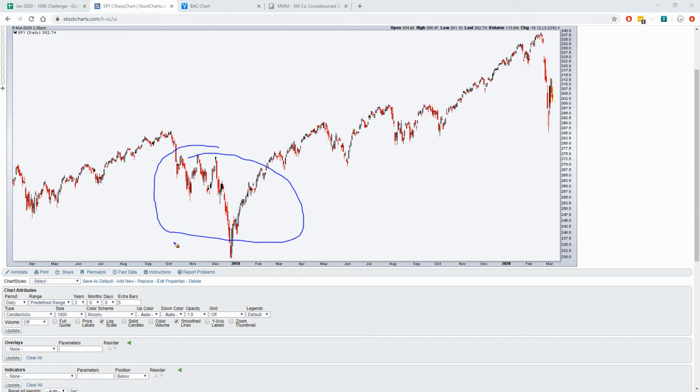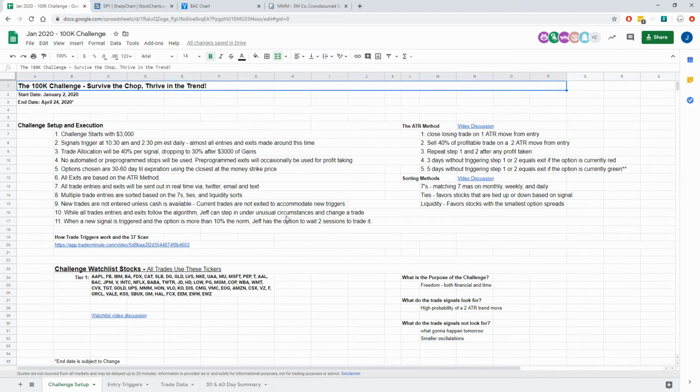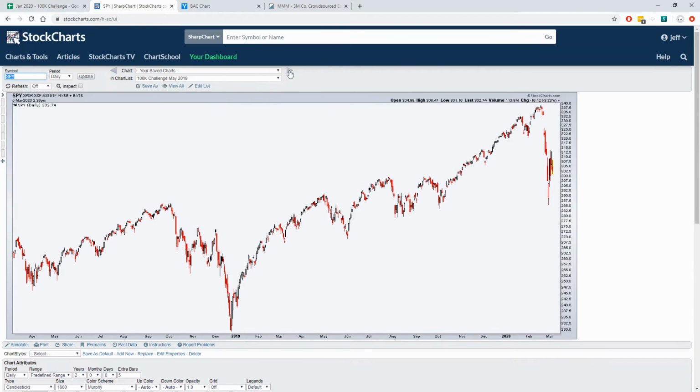And it's one where, as we put the challenge algorithm together, we knew, okay, this unusual circumstance, we'll just have to make a judgment call in the meantime. It's just one of those circumstances where rule number 11 and rule number 10 come in to allow me to do it. But again, this is still a stock that we could see go and hit its price targets.